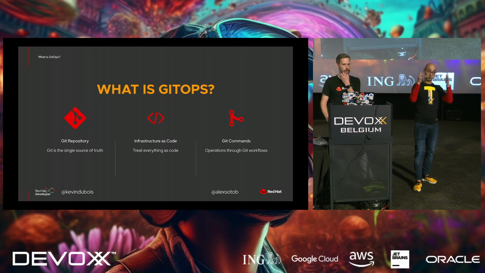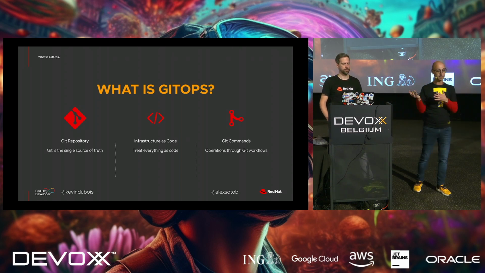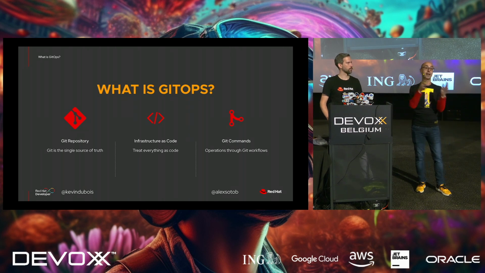Everything is code, your application but also the infrastructure. And the great thing about it is that you are using Git commands, so you can branch your infrastructure. You can have a branch for staging environment, a branch for production, a branch for performance, and so on. So you've got all your infrastructure in Git.